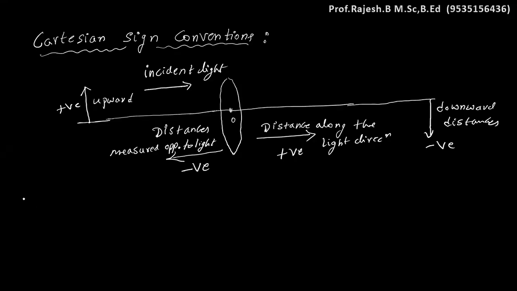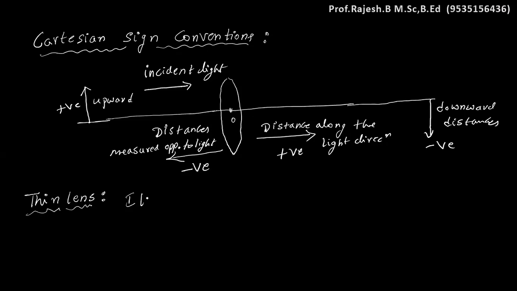Take the information related to the meaning of thin lens. What is the meaning of thin lens? It means the lens whose size is very negligibly small compared to the radii of curvature. That kind of lens we call a thin lens.